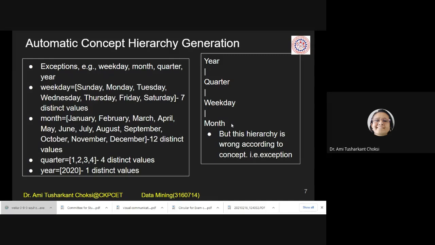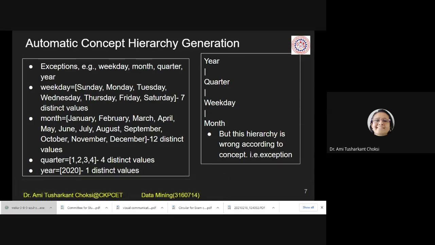Why so? Because of the distinct values: for month we have 12 distinct values, for weekdays we have 7 distinct values, for quarter we have say 4 distinct values, and for year we have say 1 distinct value.